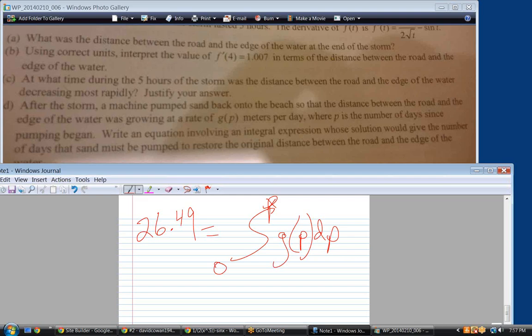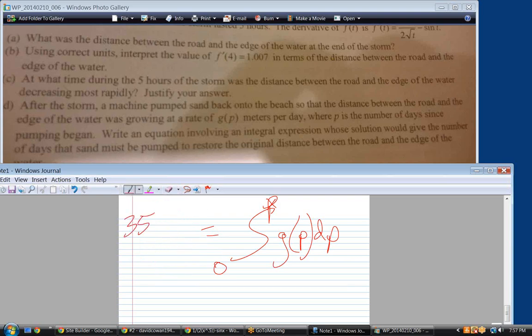Because it started at 35 feet. So, in other words, the question A was not how much was eroded away, but how far away is it from the edge of the water at the end of the storm? Mm-hmm. And the answer apparently is 26.49, which means 35 minus that is the amount of erosion that took place.